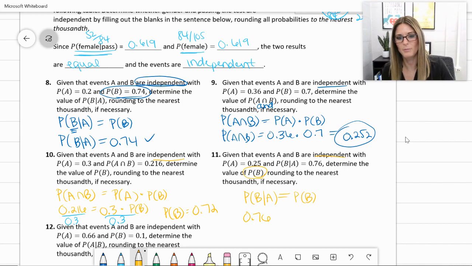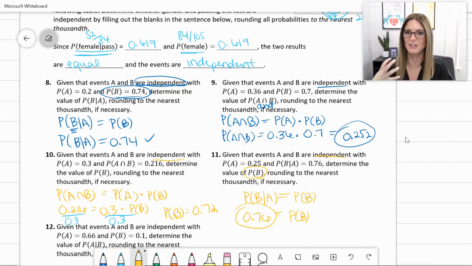We are looking for probability of B. And guess what? I'm done. This one always seems to send me for a loop, because I'm looking to solve and plug in and I'm like, wait, where is that? Where is it going? It's right there. So your conditional probability is always equal to the probability of just that numerator.